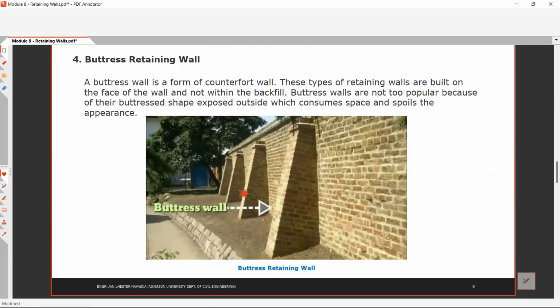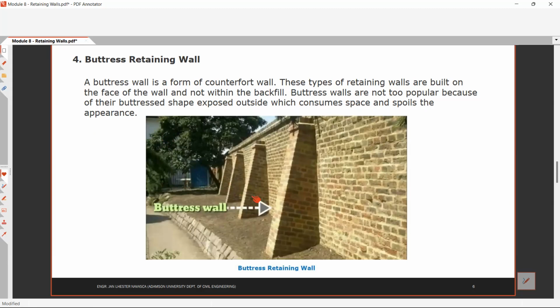Okay, a buttress wall is a form of a counterfort wall, whereas nasa harap yung mga counterfort. Okay, these types of retaining walls are built on the face of the wall and not within the backfill. So buttress walls are not too popular because of their buttress shape exposed outside, which consumes the space and spoils the appearance.